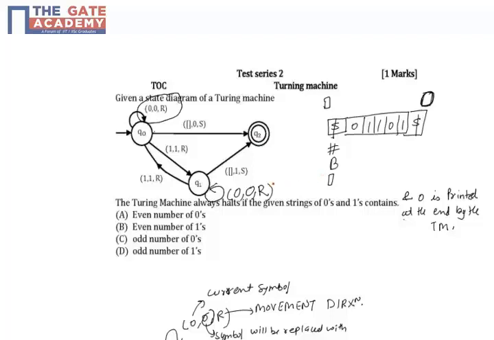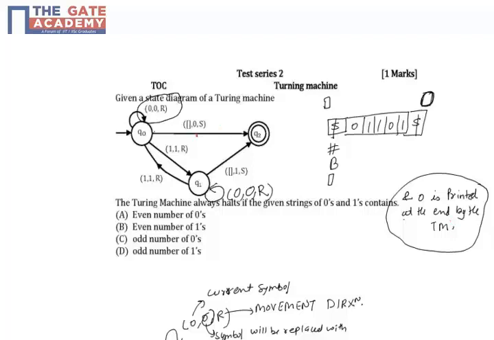So my question is saying that the Turing machine always halts and 0 is printed at the end by the Turing machine. So when will my Turing machine print the 0?